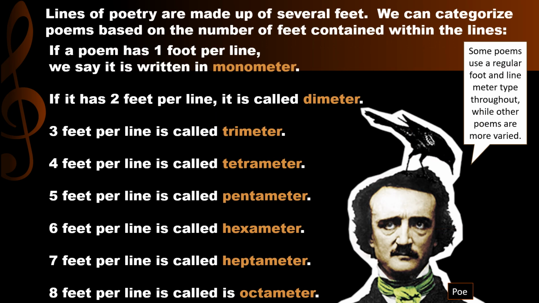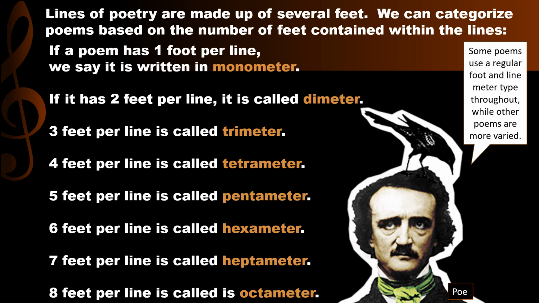Lines of poetry are made up of several feet. We can categorize poems based on the number of feet contained within the lines. If a poem has 1 foot per line, we say it is written in monometer.